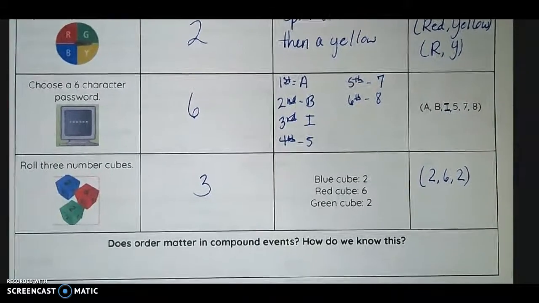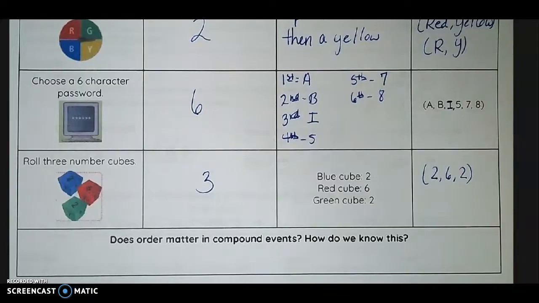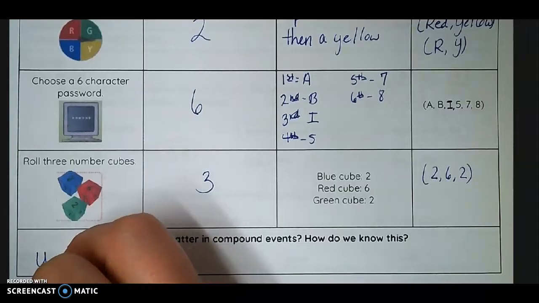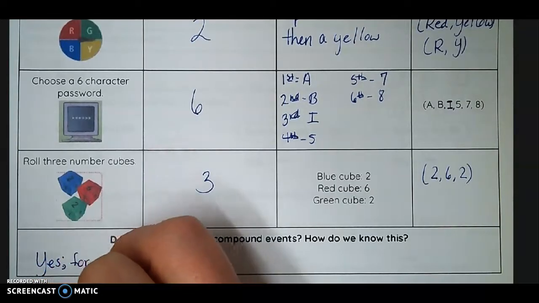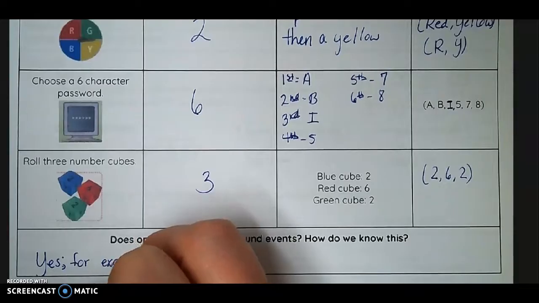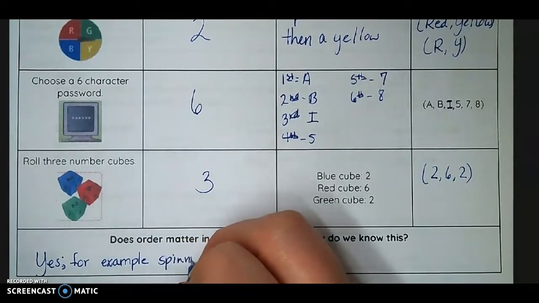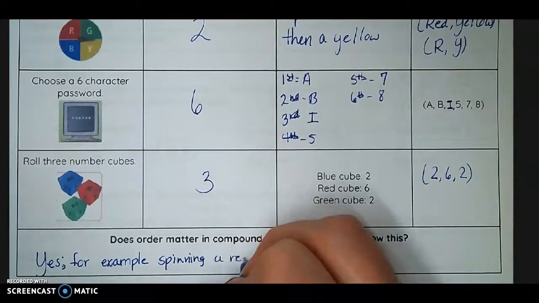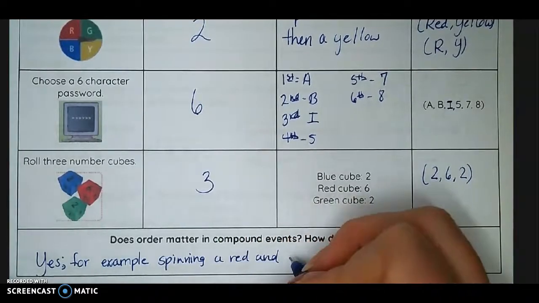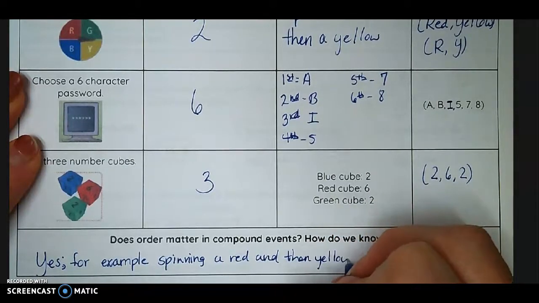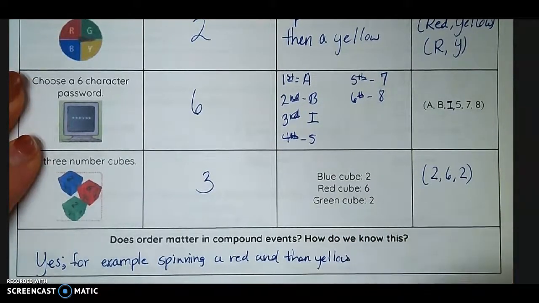So our question down here said, does order matter in compound events? Well, yes, it does. For example, up top there, spinning a red and then a yellow means I need to do it in that order.